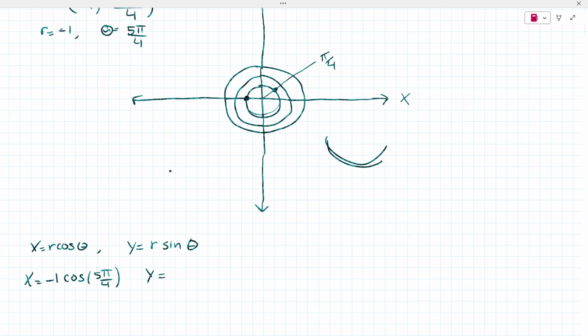And then my radius is -1, and then sine of 5 pi over 4. Okay, so where's 5 pi over 4?